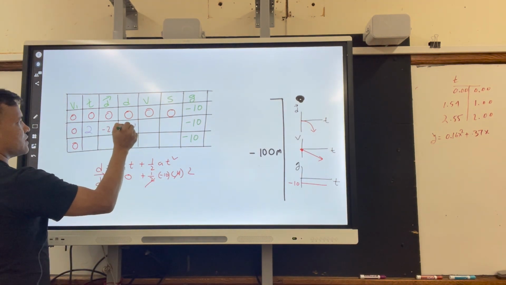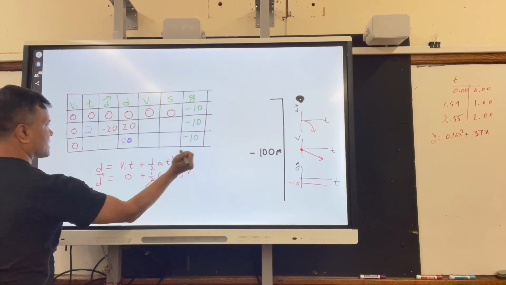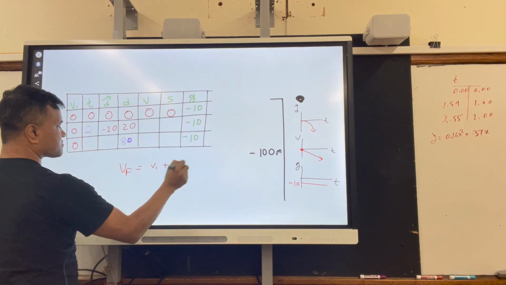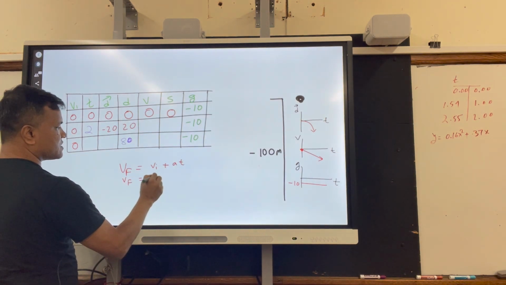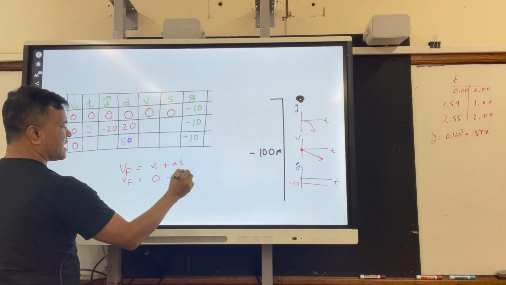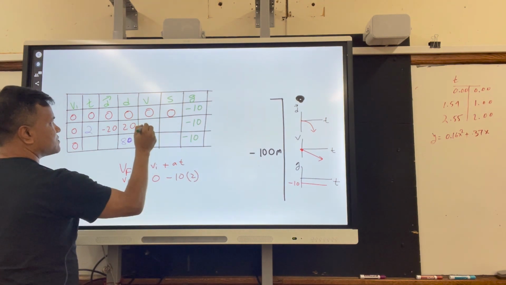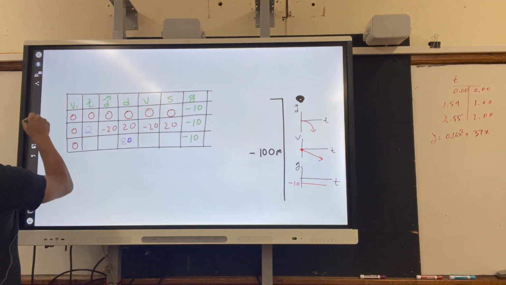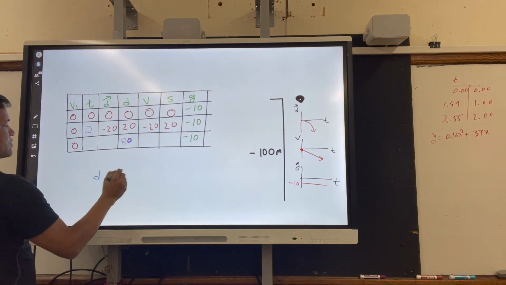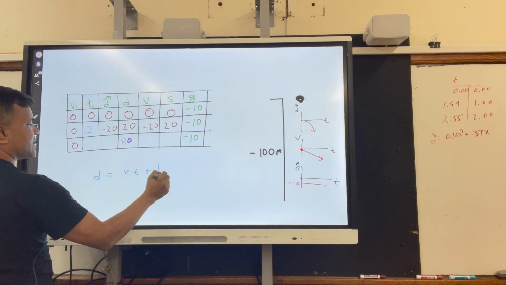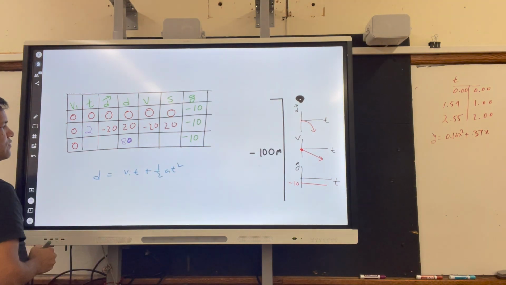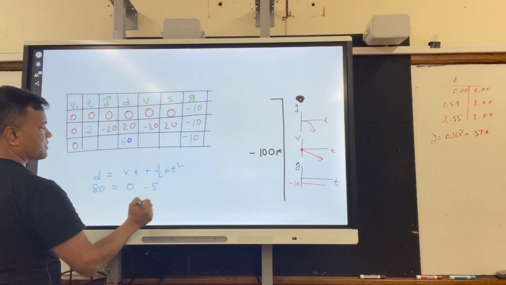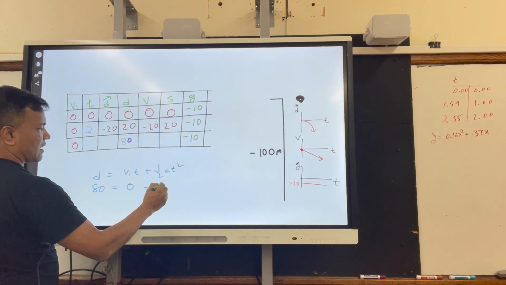So distance is 20. Velocity at the end of 2 seconds: vf is equal to vi plus at, this is 0, this is negative 10, times 2, so velocity is negative 20. So speed has to be 20, right? Now negative 80, right? At the end of that, d is equal to vi t plus half a t squared, so you have negative 80 over here, vi t is 0, you have minus 5 t squared.